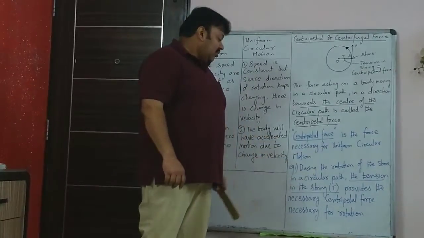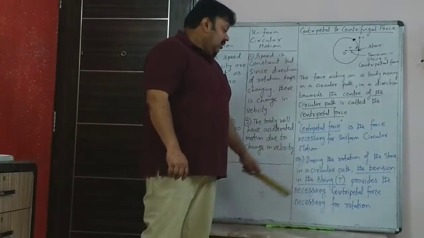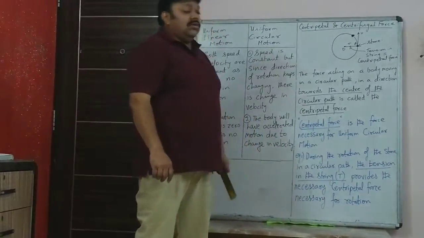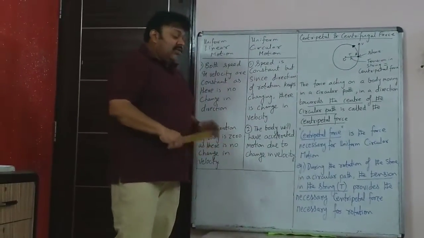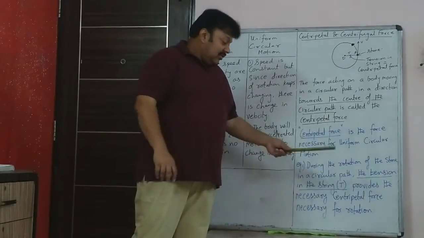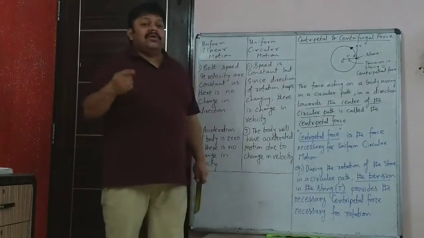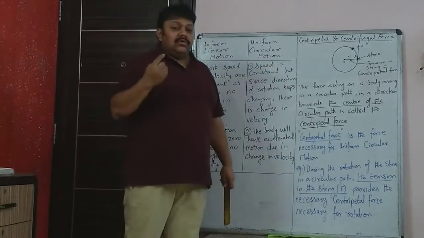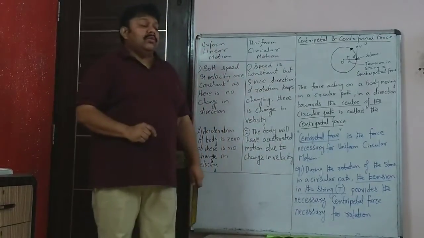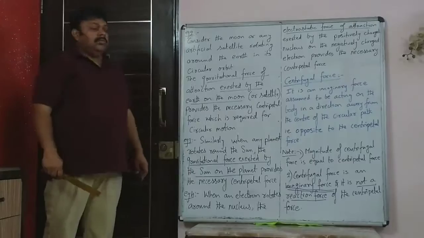During the rotation of the stone in a circular path, the tension in the string provides the necessary centripetal force for rotation. So if you are asked which is the force required for circular motion, you have to mention centripetal force. And in this case, the centripetal force has a name given. When the stone is rotating, that tension in the string is the centripetal force. So copy this down.